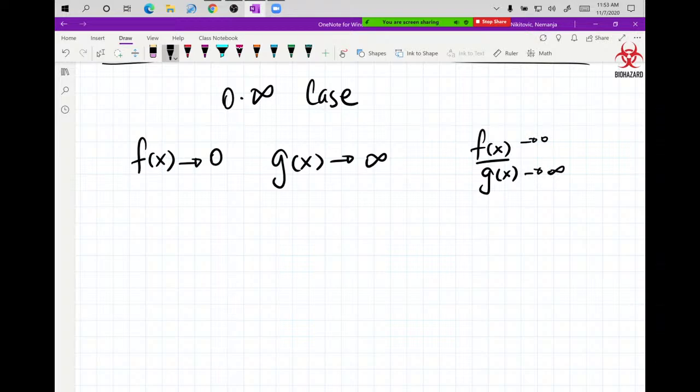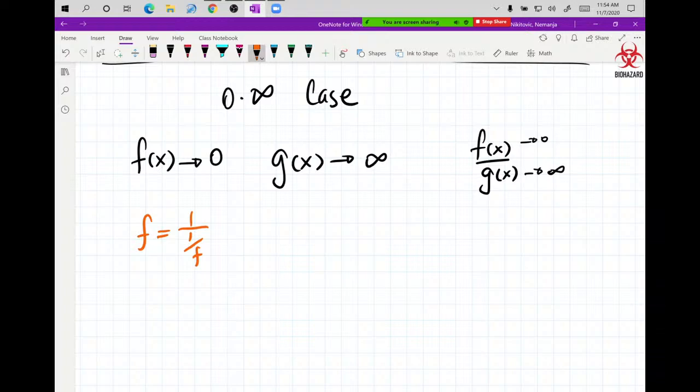There is a very easy trick to rewrite the function, and the whole problem becomes much easier. See, the algebra rule: f equals 1 over 1/f.